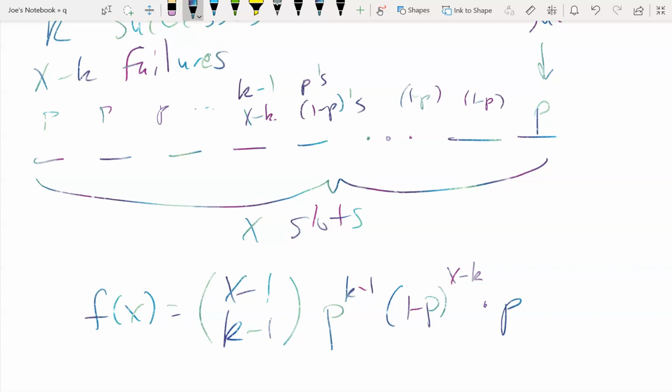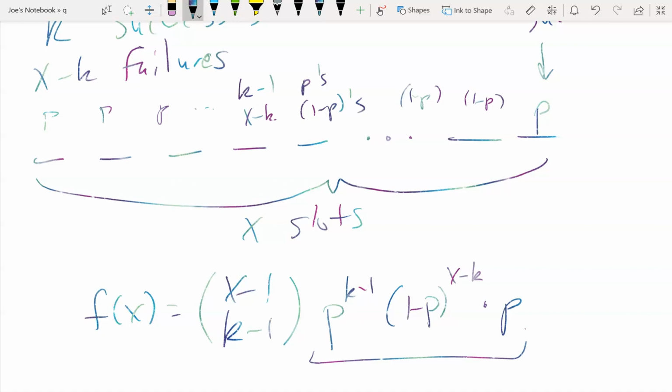There's your PMF for a negative binomial. Of course, you can combine your p's together and just write it as p to the k. When you write it as p to the k, 1 minus p to the x minus k, you've got k successes and x minus k failures. It makes sense that it looks exactly like the binomial did.